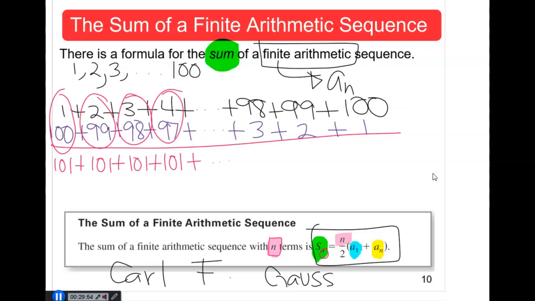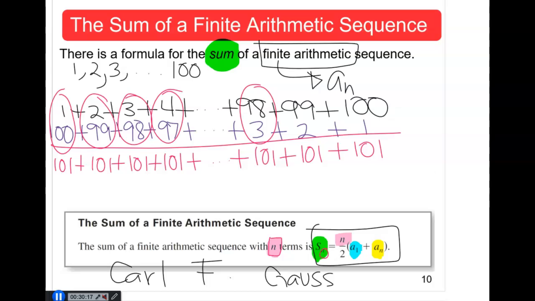And you could see that for every pair of numbers, if you add them vertically, you will always get 101. Okay, so the question is, how many times does he have 101 being added here?